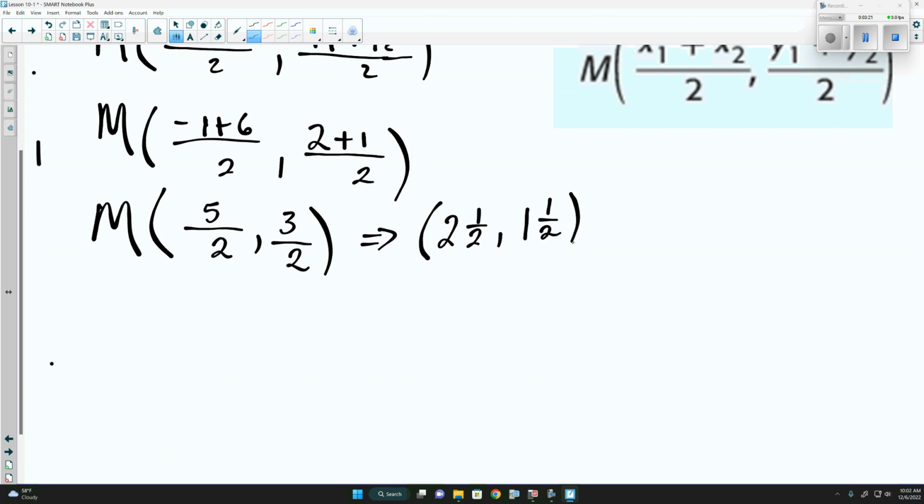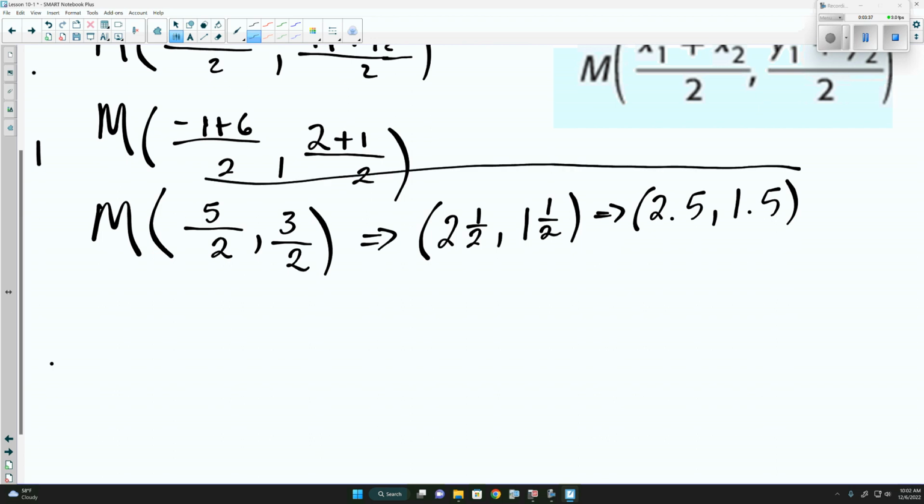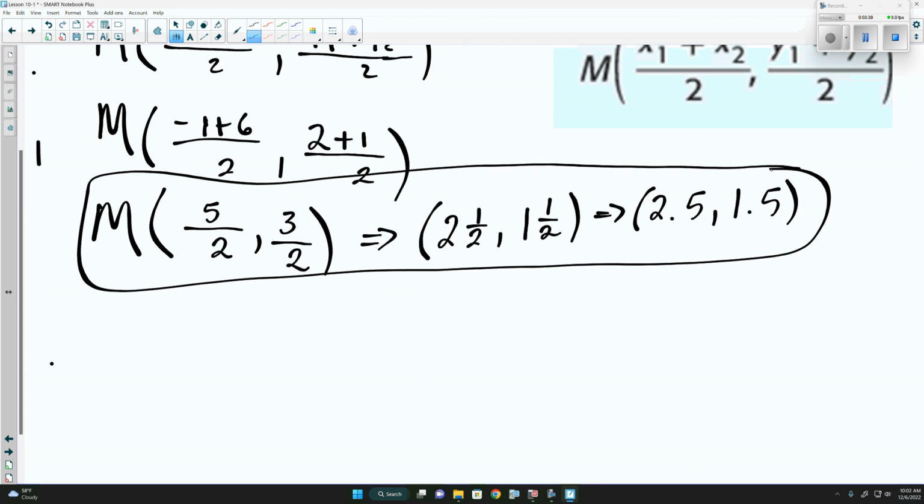Does that really change anything? No. We could say this is 2.5 comma 1.5. It's still the same answer, isn't it? There's no real reducing. We don't have common factors. As long as it's the correct answer, the form doesn't matter.